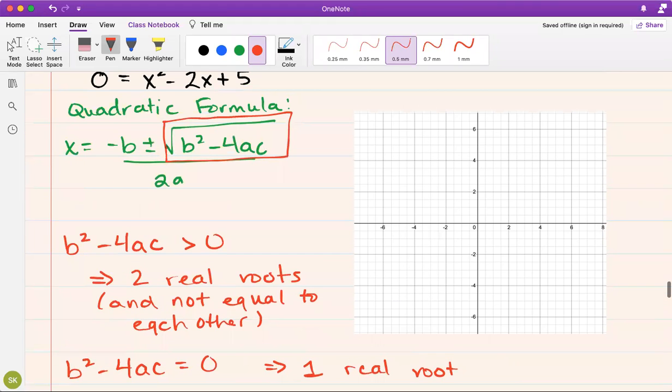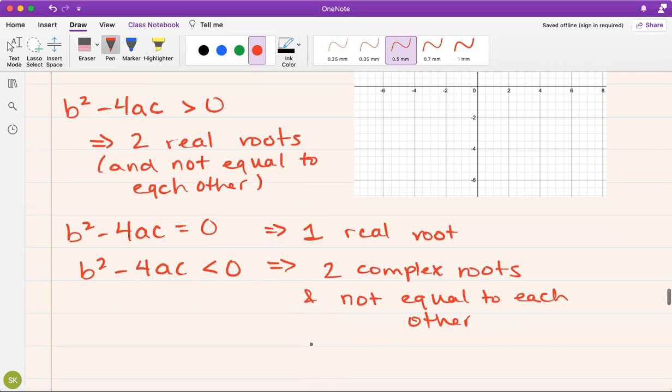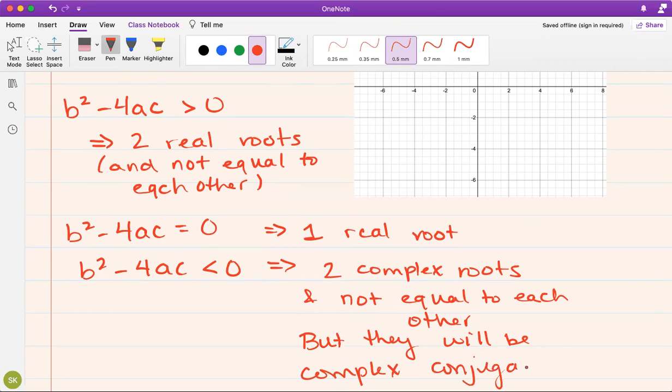Whatever you get under here, you're going to have a plus and a minus, which means you're going to get two different numbers. But these two complex roots, they're going to be conjugates. So that's something to keep in mind.